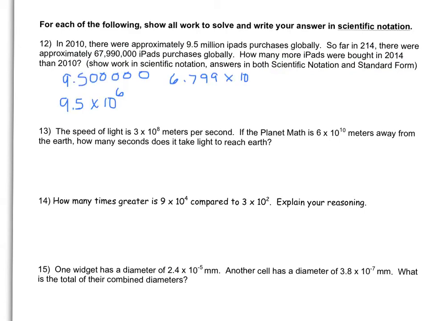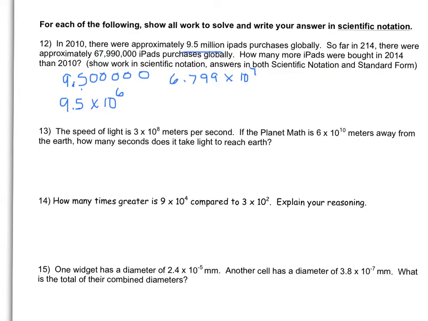Okay, so I just took a little break to write out the numbers. So I took this 9.5 million. So here is the 9.5, and I made sure it was million. So that's like 9,500,000. And then I put the second number in scientific notation. In 2014, there was more purchased than in 2010.